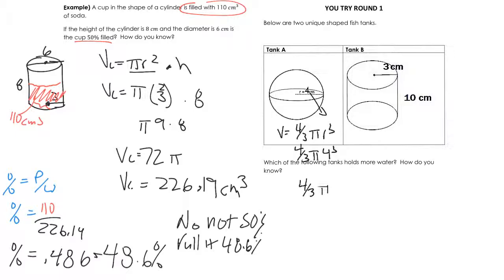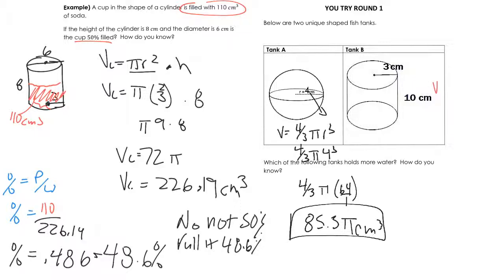So 4/3 pi times 64. I like to do the fraction first. 64 times 4 is 256 divided by 3. 85.3 pi. I'm just going to leave it like that because I think I'll be able to compare my volumes in terms of pi.